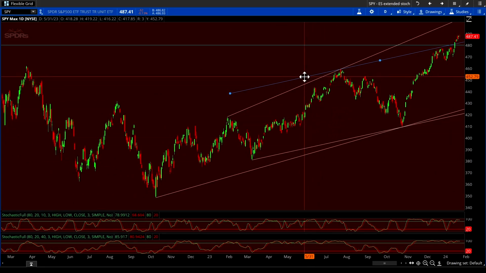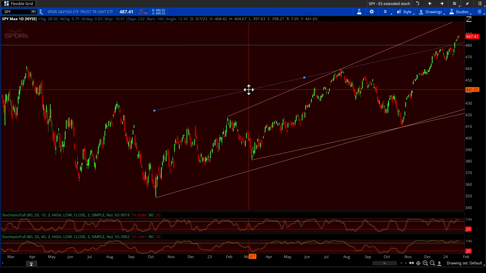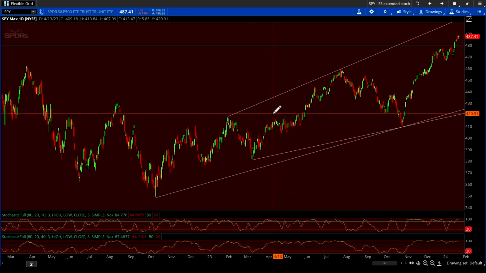Now if we pull back a little bit more, maybe back here, yeah, maybe that could be a little short scalp if it gets up to there. And then if you want to put it all the way back there, but I don't think that's going to come into play anytime soon.